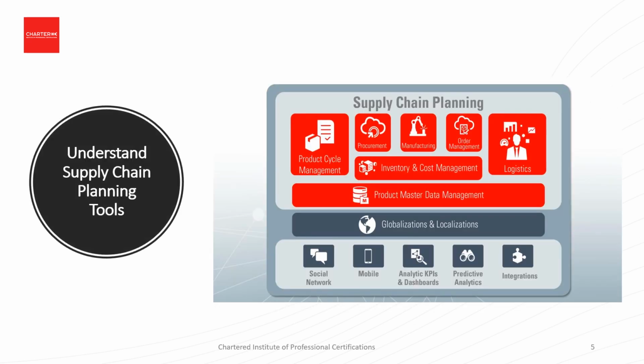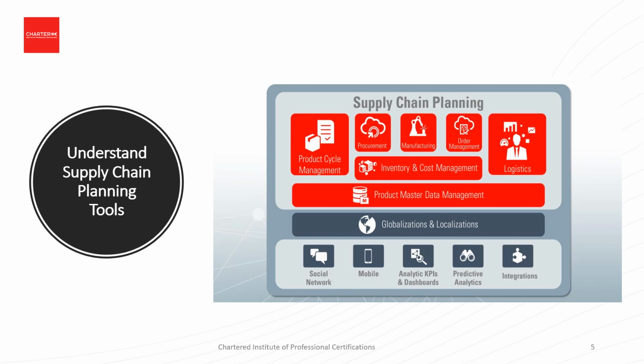Now, supply chain planning tools are software applications designed to streamline and optimize the various activities involved in managing a supply chain. Here are some examples of these functionalities. 1. Demand forecasting.